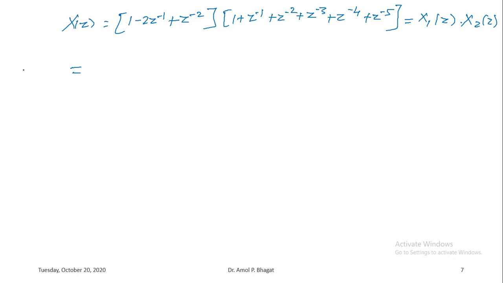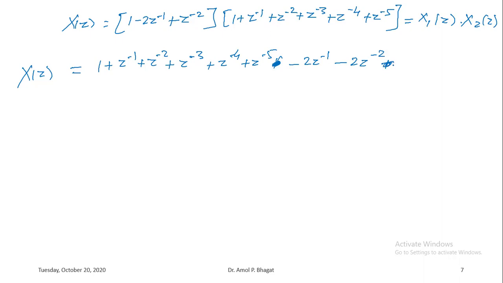So let's multiply this and simplify this equation. Initially I will multiply 1 with this complete bracket, so I will get 1 plus z inverse plus z to the power minus 2 plus z to the power minus 3 plus z to the power minus 4 plus z to the power minus 5. Then I will multiply with minus 2z inverse: minus 2z to the power minus 2, since z inverse multiplied by z inverse is z to the power minus 2.